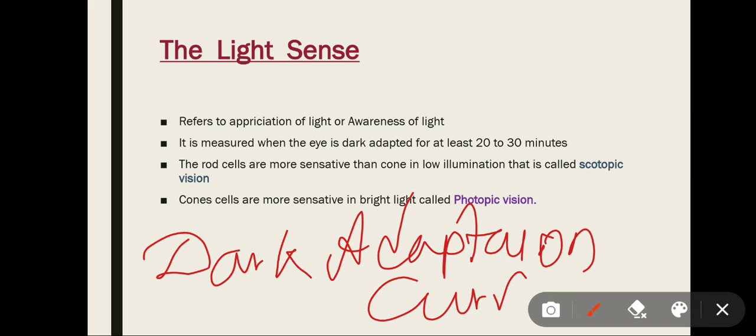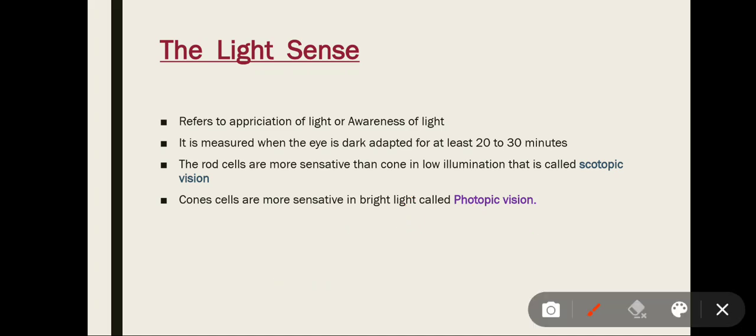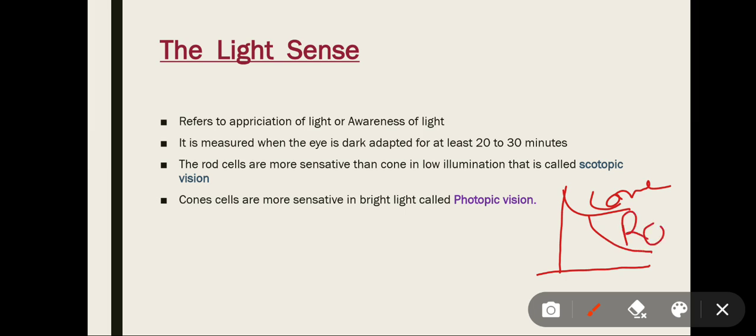Further, the dark adaptation curve consists of two parts. This is for cone adaptation, and this is for rod adaptation. This is the stimulus intensity, and this is the time.